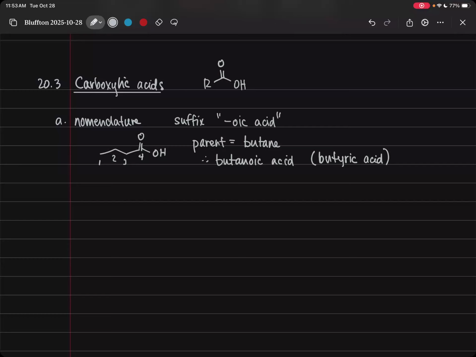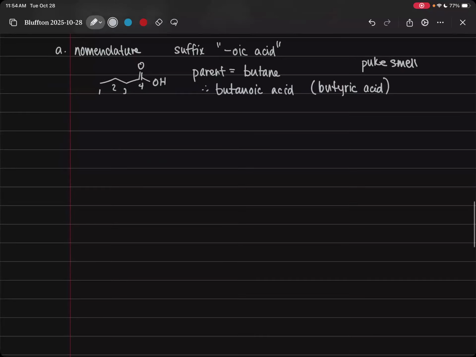I think goats emit a lot of this, and so it has been described as a goaty smell, but probably most noticeably, it's the smell of vomit. No offense to the goats, but you know. All right, so butyric acid, not particularly fun to be around.